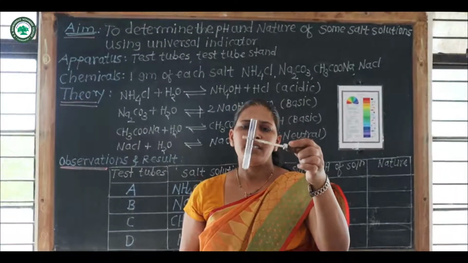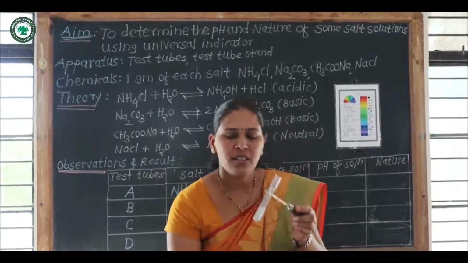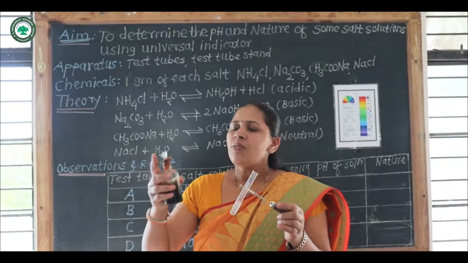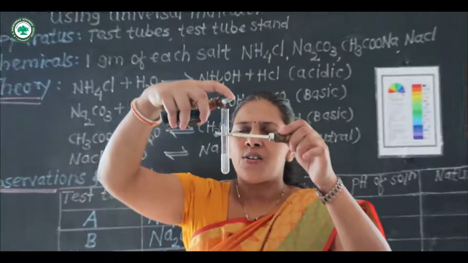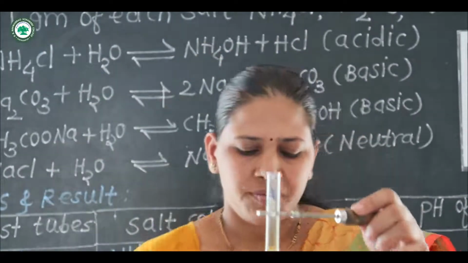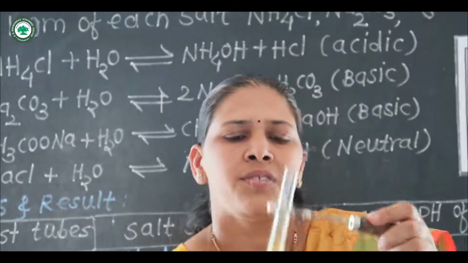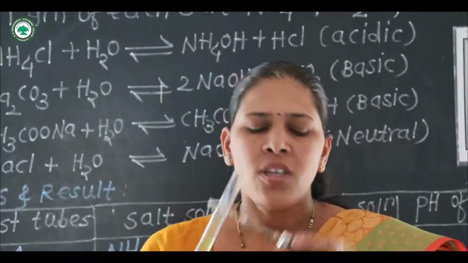It is observed that the salt is completely soluble in water. Then add 1 to 2 drops of universal indicator and observe the color of the salt solution. The color of the salt solution is yellow.